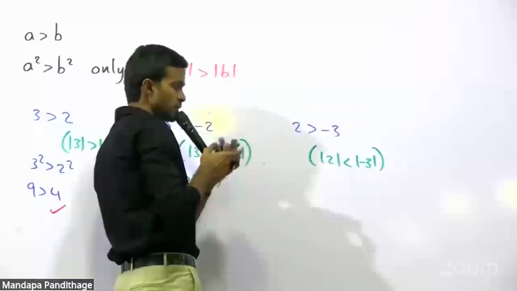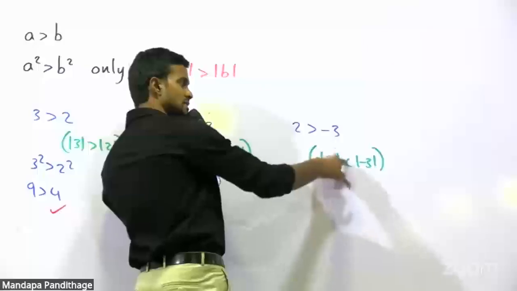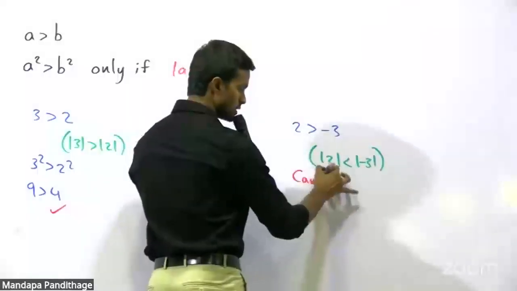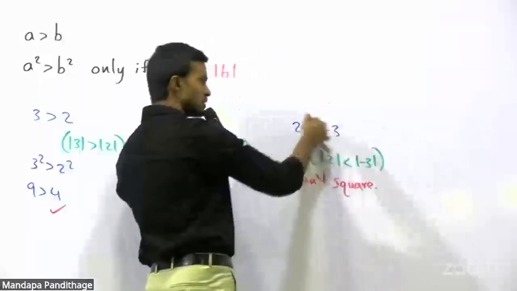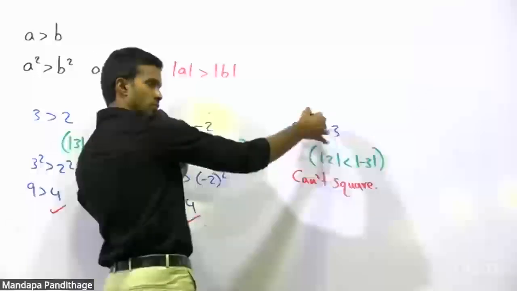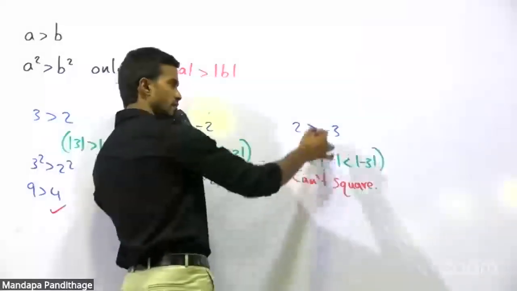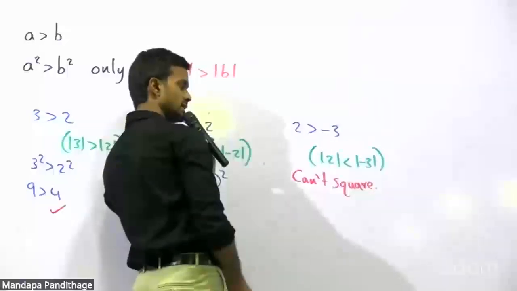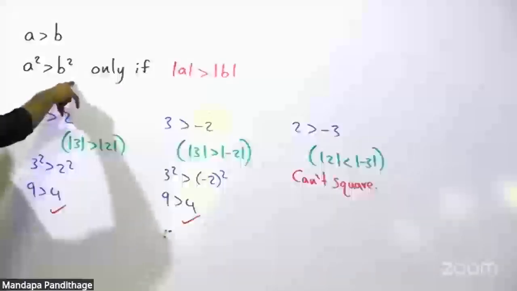You can square, but if you do, make sure that you change the sign. In general, since modulus 2 is not greater than modulus minus 3, you can't square it. So this is the only condition about squaring an inequality.